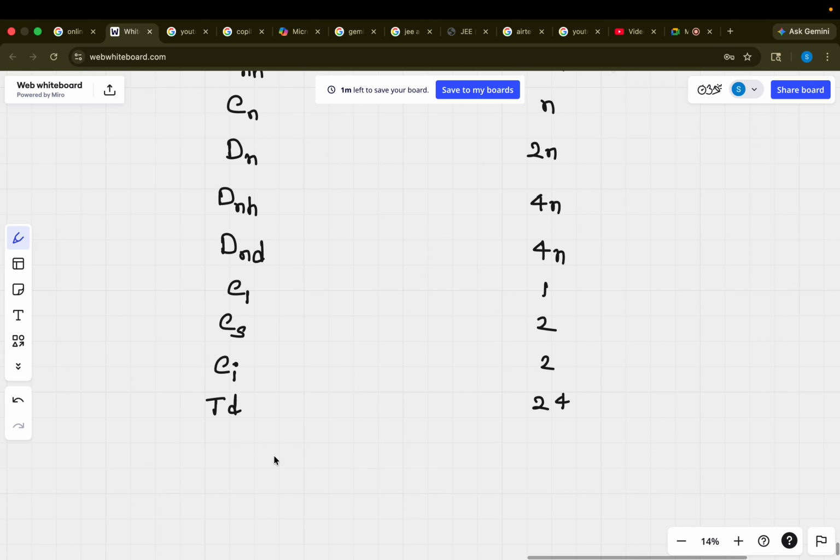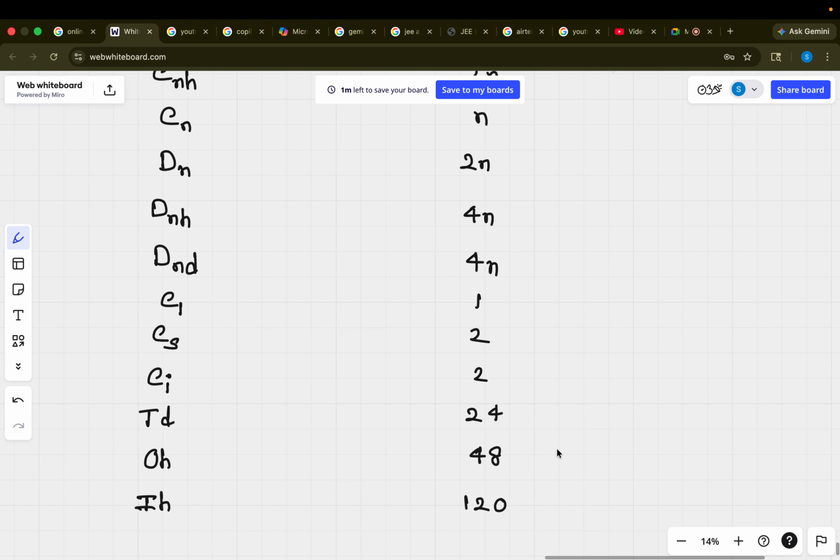Okay, if you have octahedral, the order will be 48. And for icosahedral, Ih, it will be 120. So these are the things.